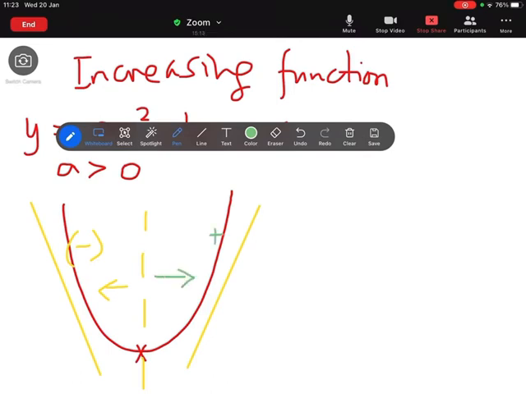So what are we exactly saying? That for this particular curve, I will delete the lines to help us see clearly, the gradient at this point is negative. At the turning point, the gradient is 0, and to the right of the turning point, the gradient is positive.